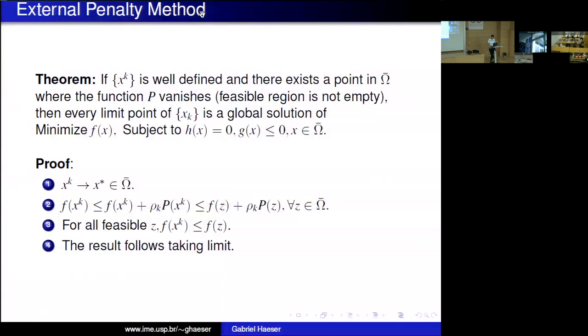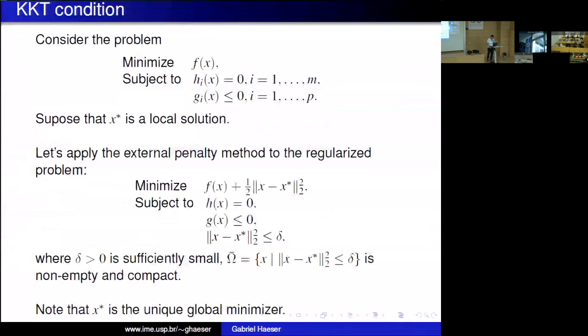All right, so these are two main theorems about the external penalty method. So it works, at least theoretically, it finds a solution of the problem. So we will use these theoretical properties to build a particular problem where we can control these sequences, and we will show the KKT conditions.